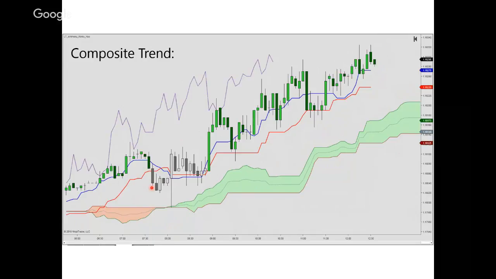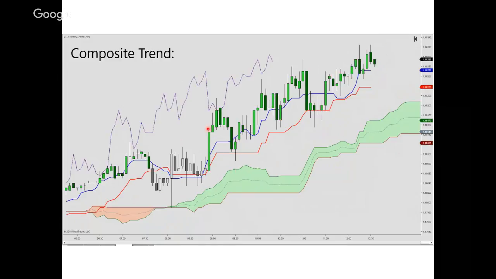But this one here, price moving below the Kijun Sen, is bearish, and therefore we have a composite trend that moves into neutral territory. And only when we have prices moving above the Kijun Sen, and again a Tenkan Kijun cross above, then we have a resumption of the uptrend here.